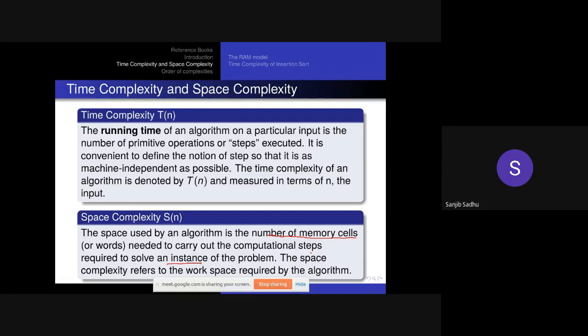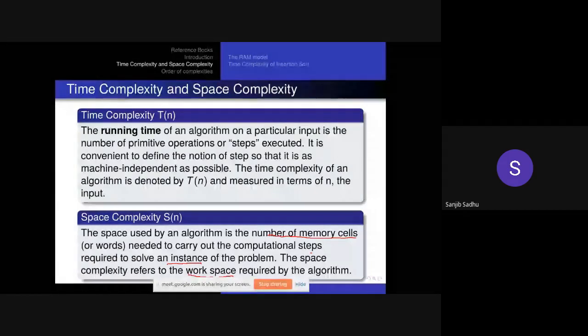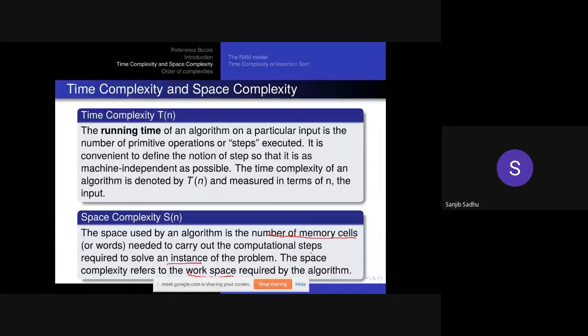Sorting is the problem; an instance is a particular input. Space complexity refers to how much workspace is required for your algorithm. For example, if you use a two-dimensional table of size n cross n to solve some problem, then big O of n squared will be the space complexity.